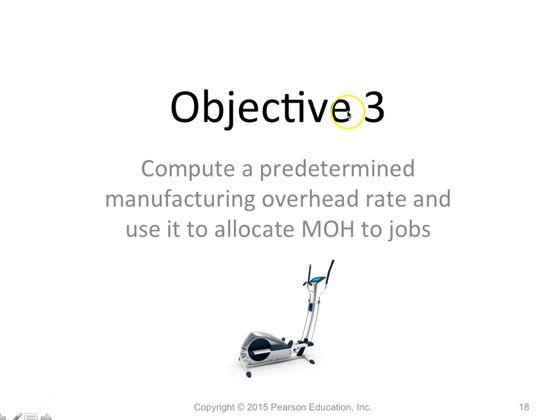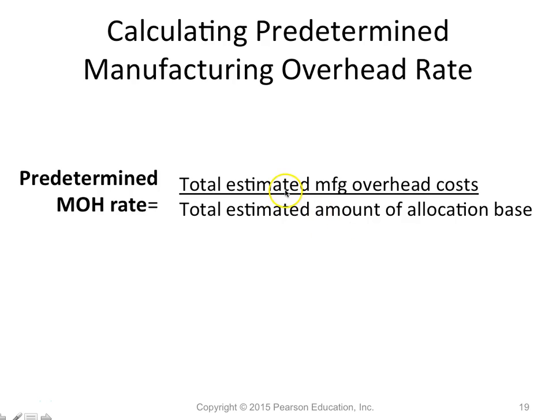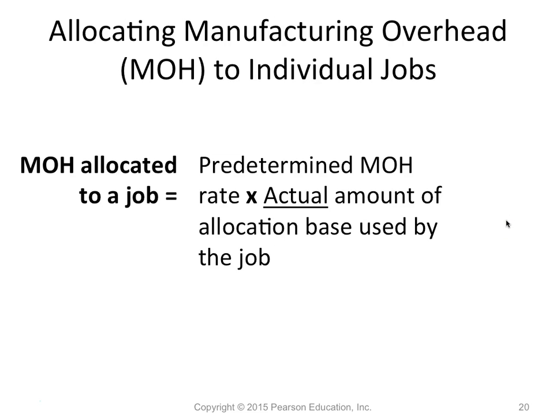So compute a predetermined manufacturing overhead rate and use it to allocate manufacturing overhead to jobs. The predetermined manufacturing overhead rate is total estimated manufacturing overhead costs divided by total estimated amount of allocation base. So let's take a look.